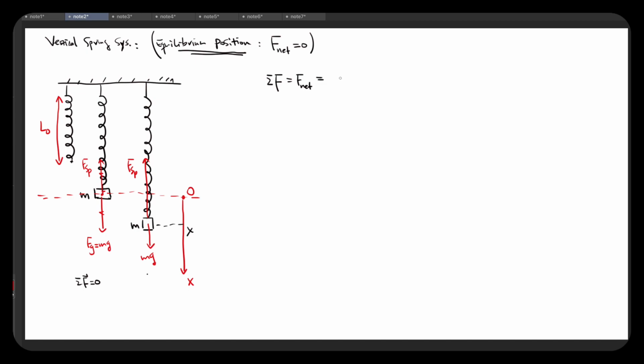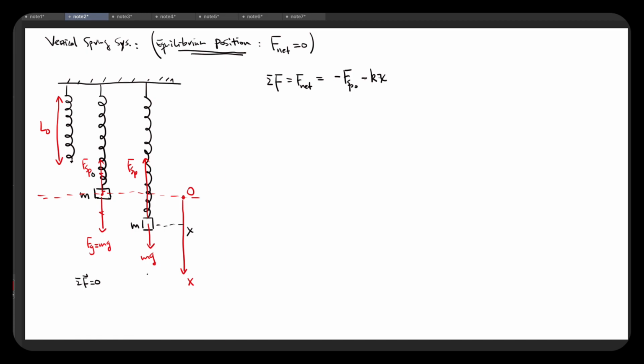So now if I calculate the net force here, it equals the summation of the spring force plus the gravity. Let's call the original spring force F spring naught. So you get negative F spring naught, and then plus an additional negative kx, because based on the origin O, there's now an additional stretch of the spring by length x.